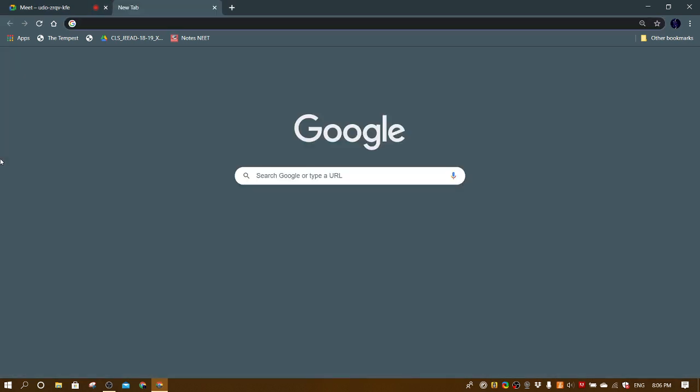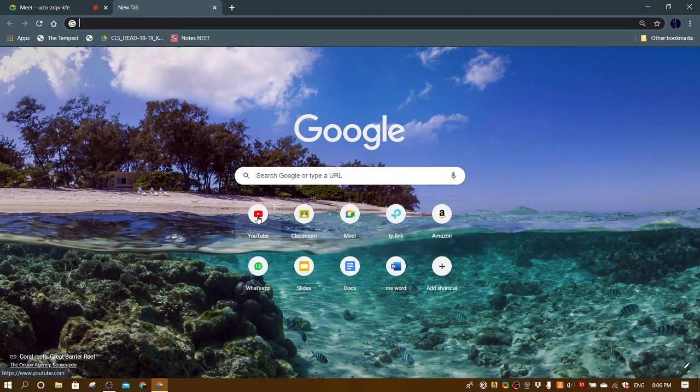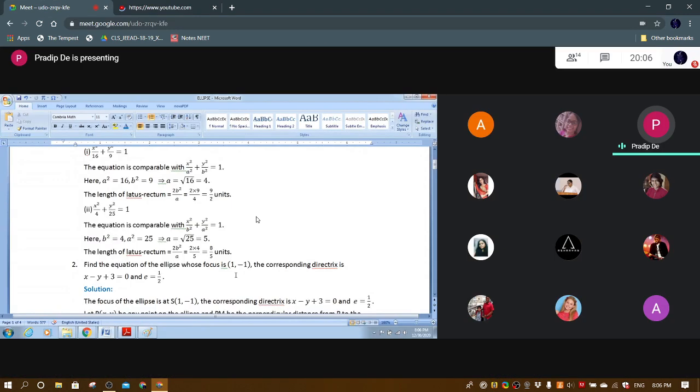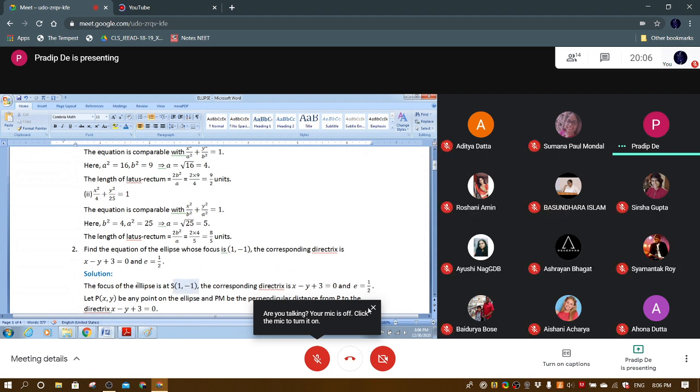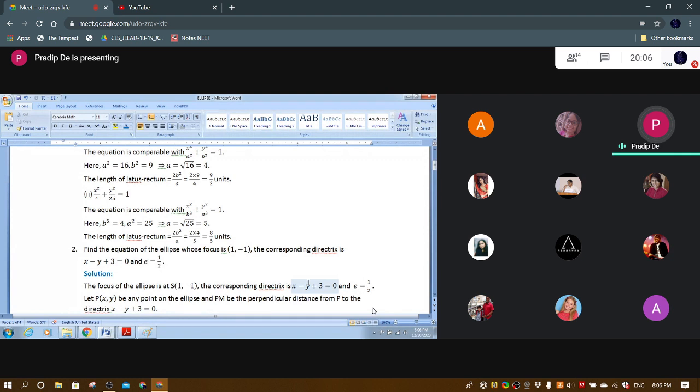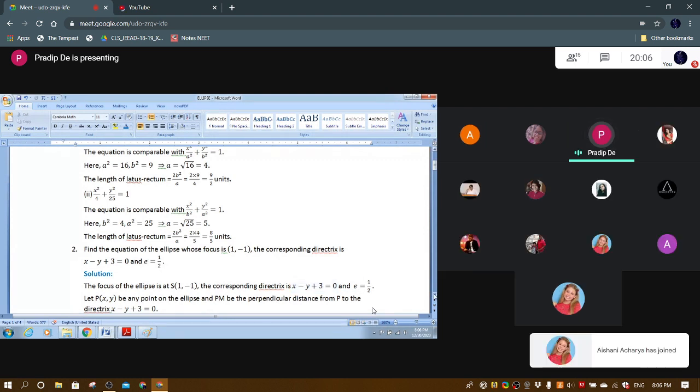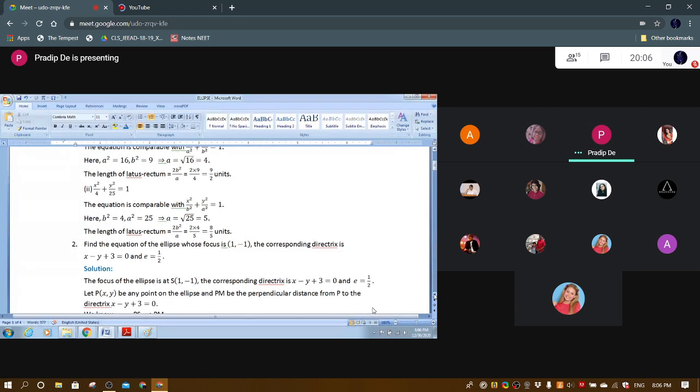Whichever focus is given, the corresponding directrix will be given. So the focus is 1, minus 1, the corresponding directrix is x minus y plus 3 equal to 0, and e is half. So using the definition, let P(x, y) be any point on the ellipse, and suppose PM is the perpendicular distance from the point P to the directrix. Can you visualize PM?